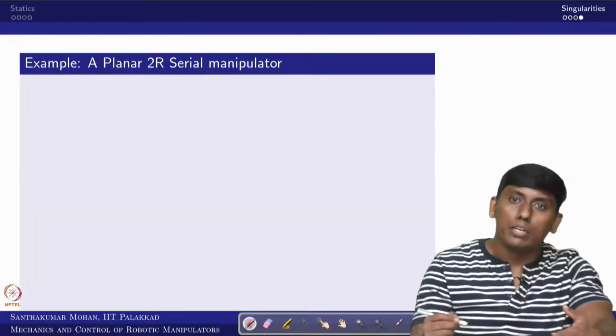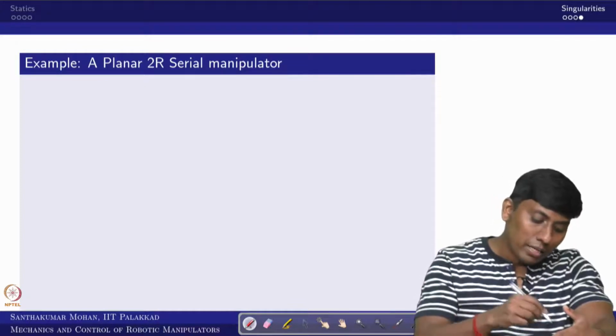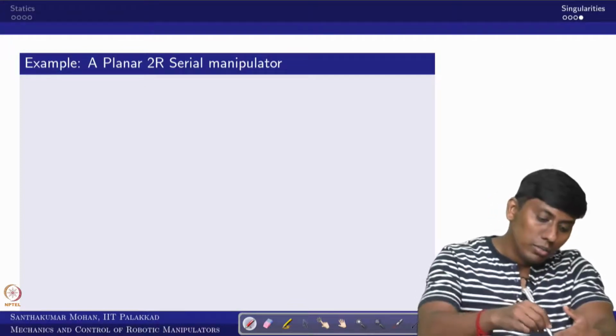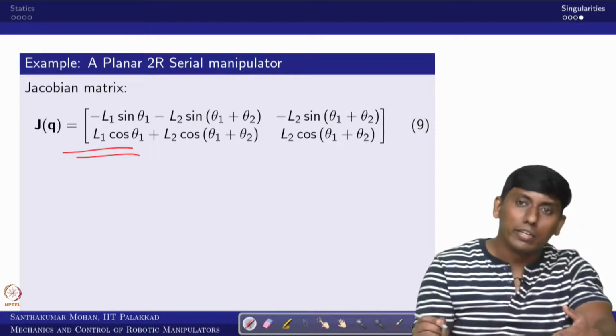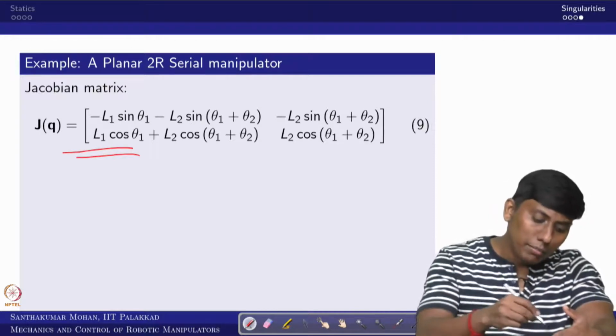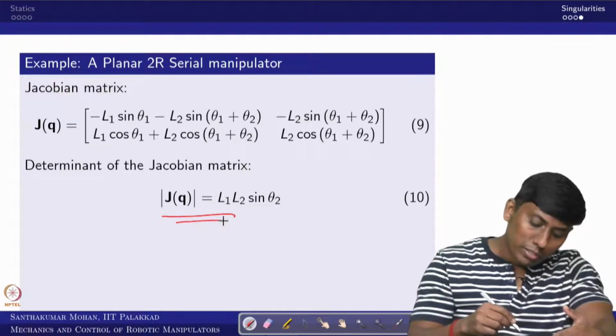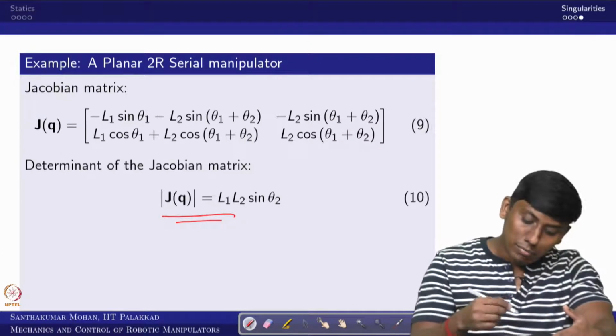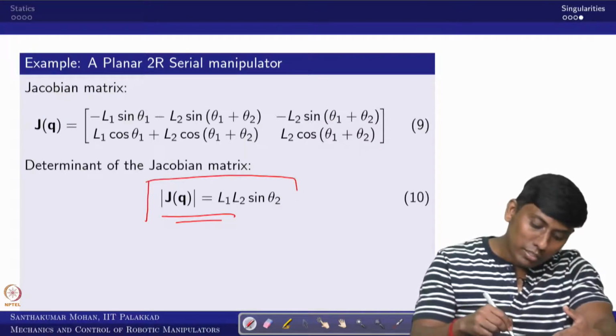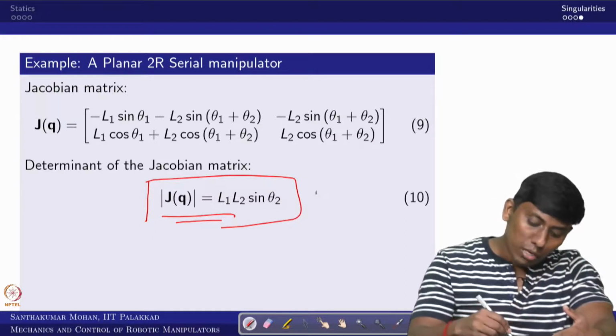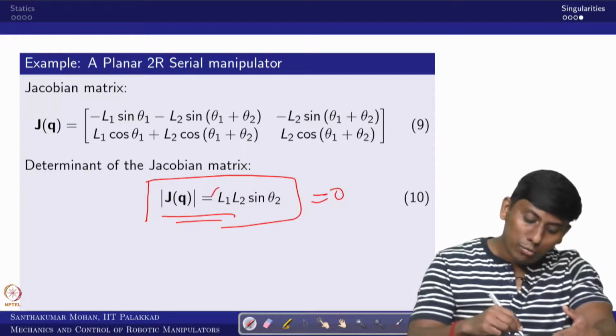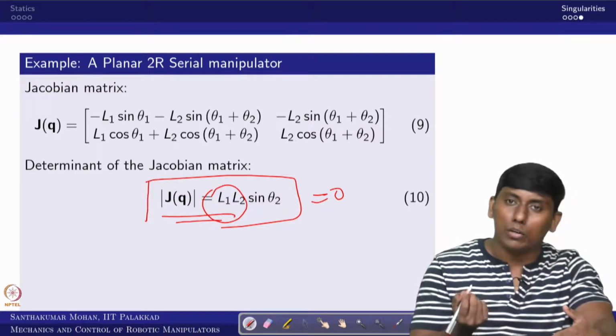I am just showing a small example here. For a 2R serial manipulator, you already know the Jacobian matrix. Now you take the determinant. Finally you will end up with this as the residue. Now you equate it to 0. L1 and L2 are link lengths, which cannot be 0.